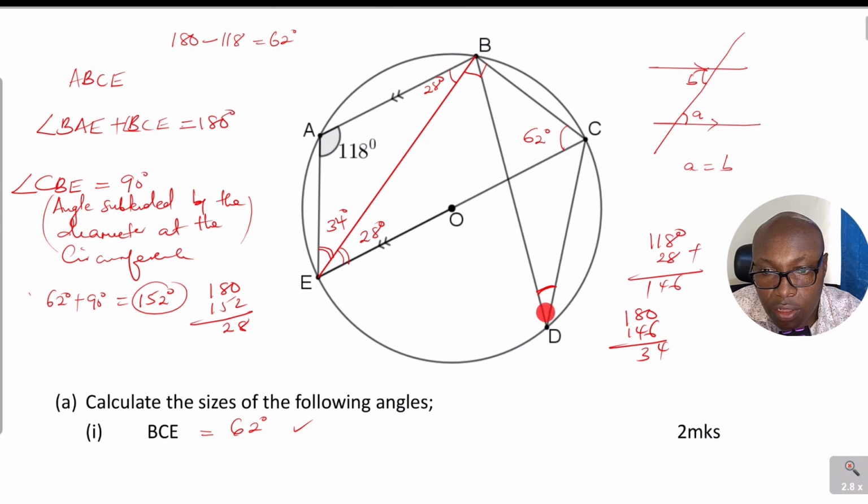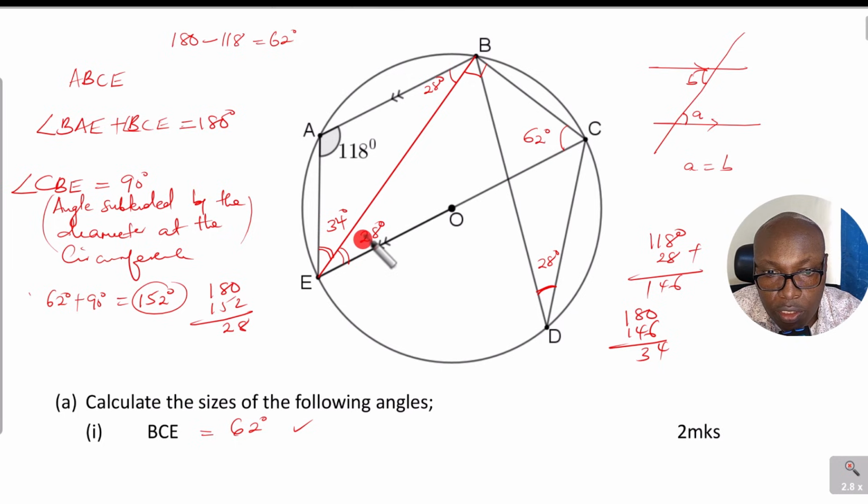So this angle that is here that we require, that is angle BDC. So therefore these two angles are equal. So these also should be 28 degrees. Reason: these are angles subtended by the same arc or chord at the circumference.